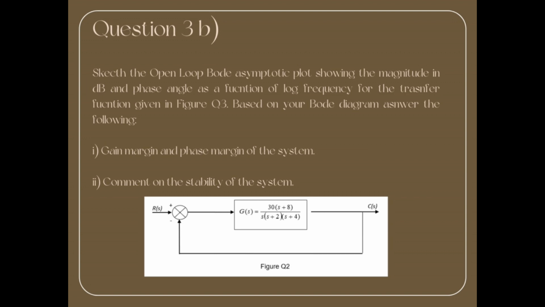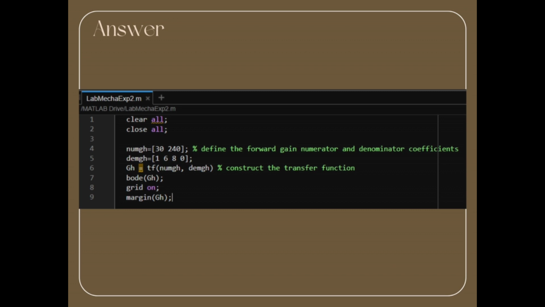So I need to expand the equation, and the new equation obtained is as in the code: the numerator is 30s plus 240 over the denominator s cubed plus 6s squared plus 8s plus 0.